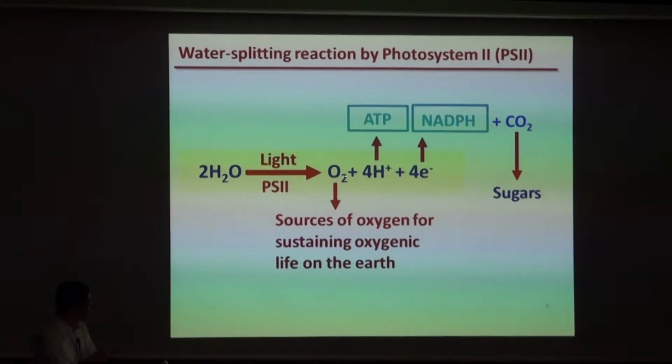The oxygen itself is not utilized by photosynthetic cells, so in the beginning, it was produced as a byproduct of this reaction. But as I mentioned, this gradually changed the environment of the atmosphere. So now most of the organisms require oxygen for survival.